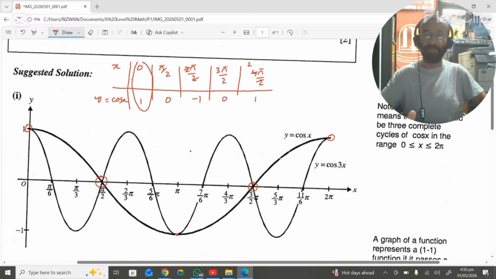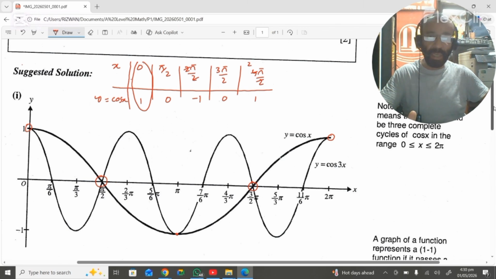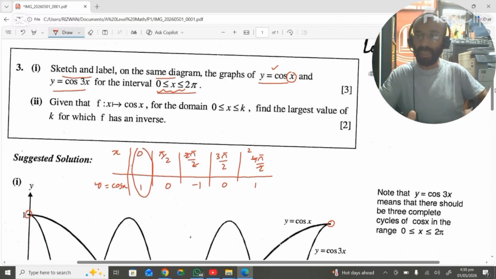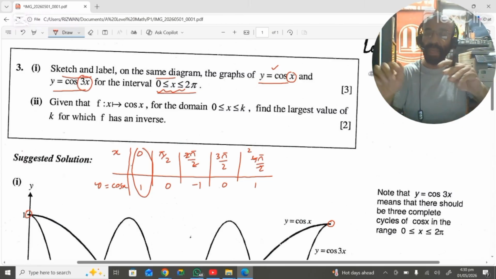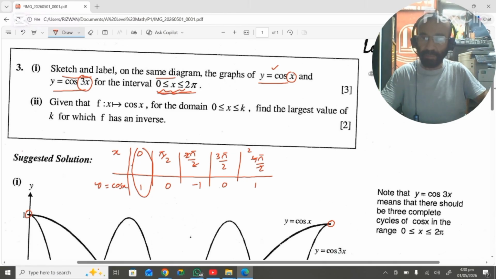These are the values which will be plotted on the sheet of graph paper, and then with the help of freehand you will draw the curve. Now come back to the second graph, y equals cos 3x. From the 3x we can see this graph will make 3 complete cycles in this interval.